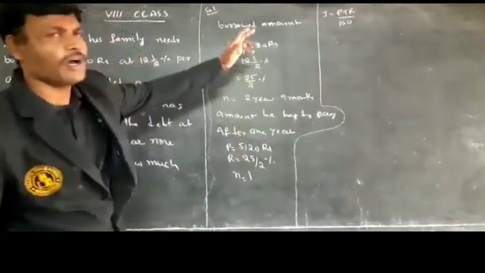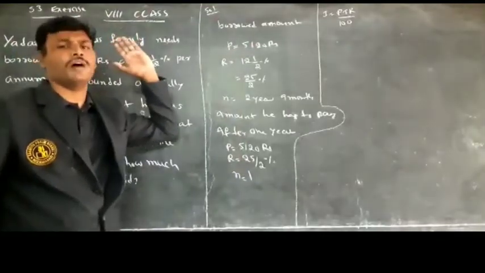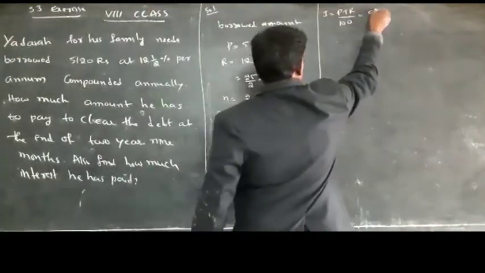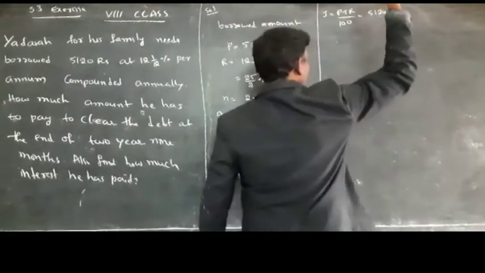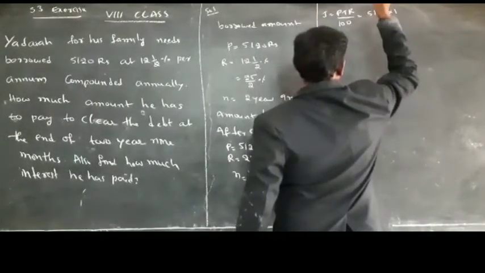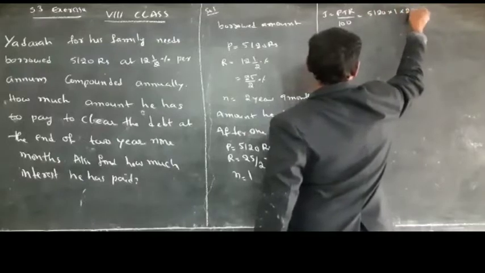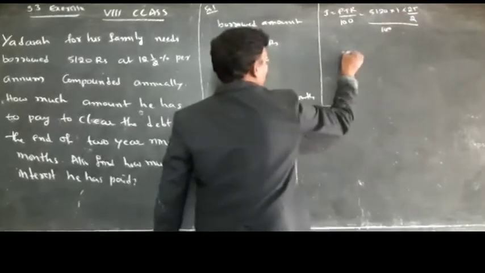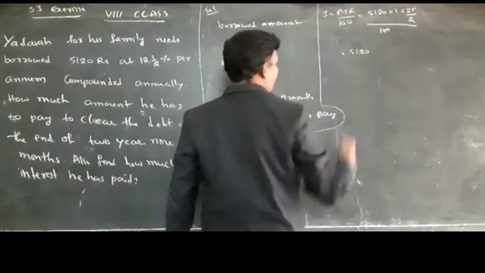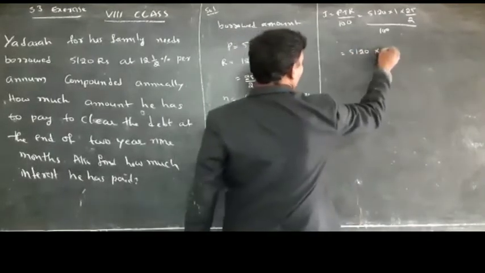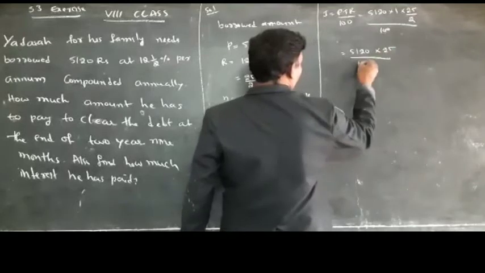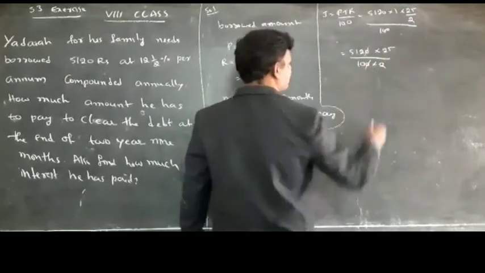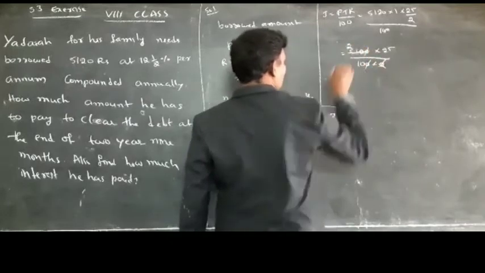P means 5,120 into what is the time? 1 year. Rate of interest 25/2 by 100. It is nothing but 5,120 into 25/100 into 2. 0 gets cancelled. 2 2s are 4.